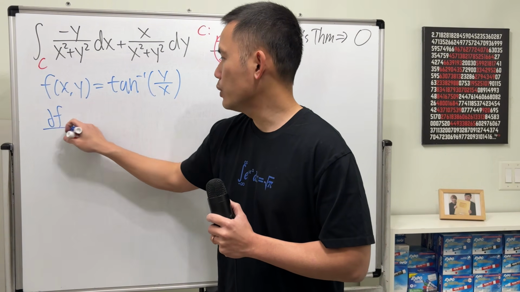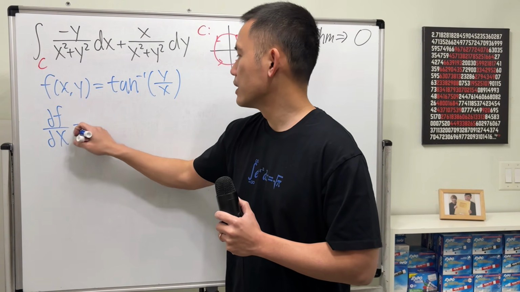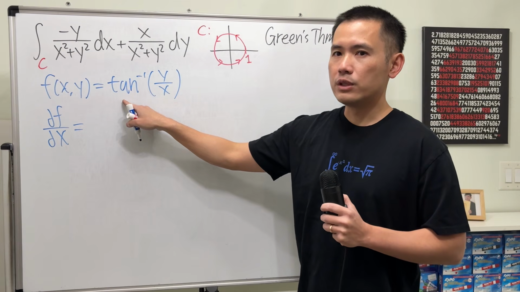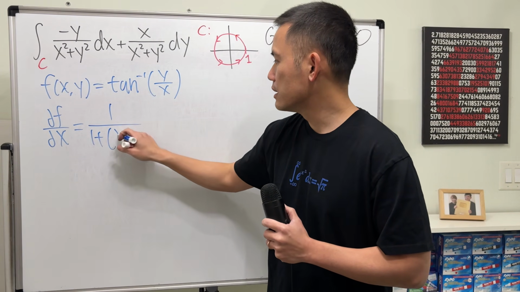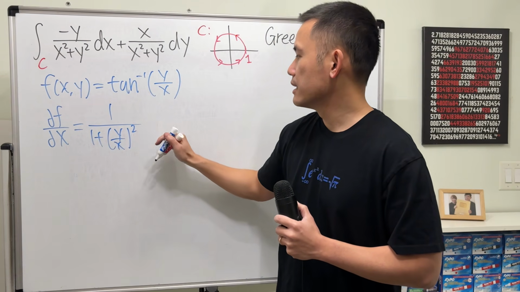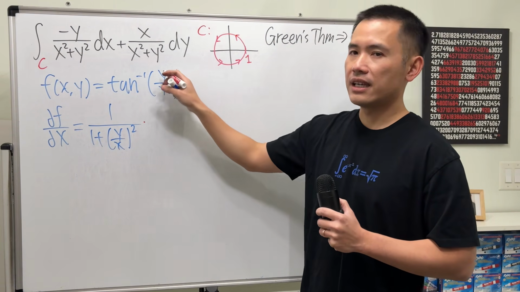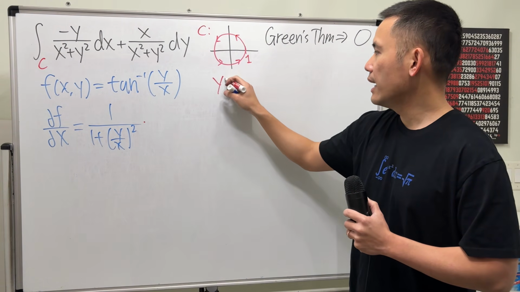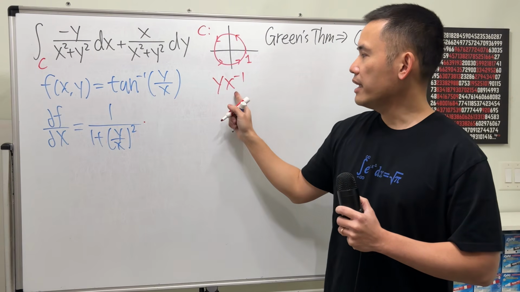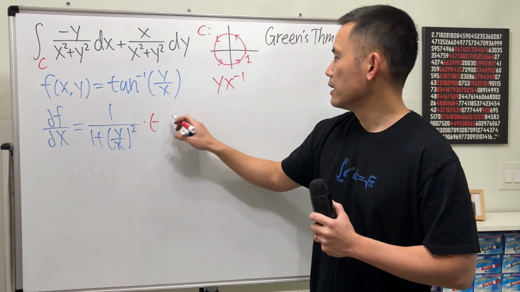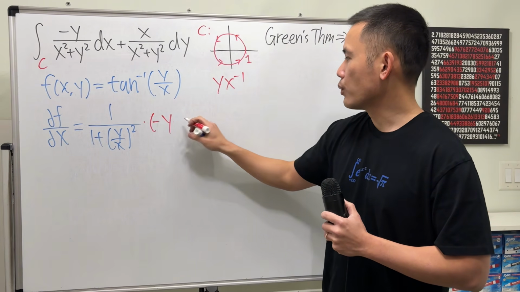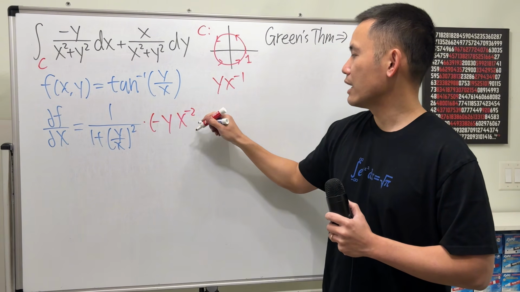If we take the partial with respect to x, take the derivative with the inverse tangent, we get 1 over 1 plus whatever this is, and then you square that, and then you multiply by the derivative inside. This is yx to the -1. Take the derivative with respect to x, put the -1 to the front, this stays, subtract 1, so that's what we have.